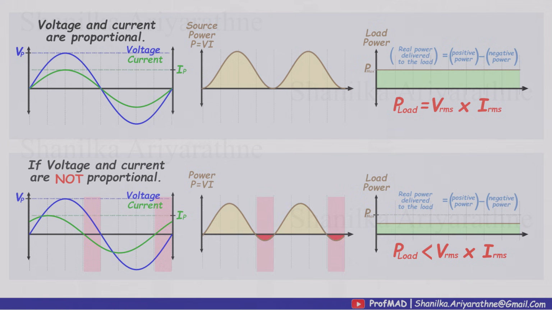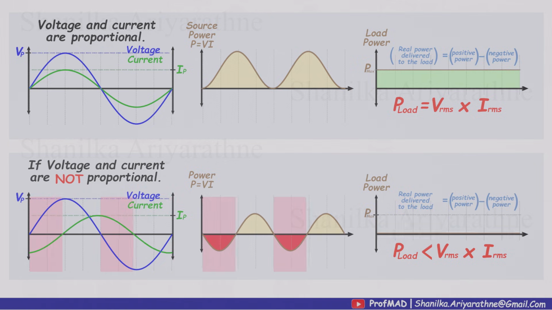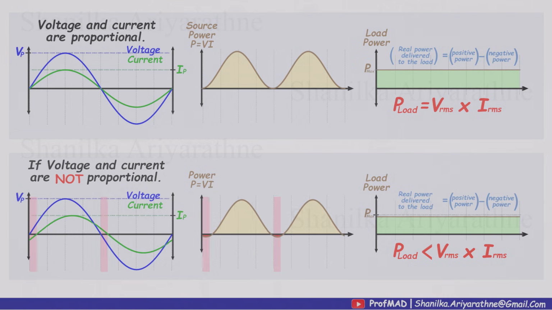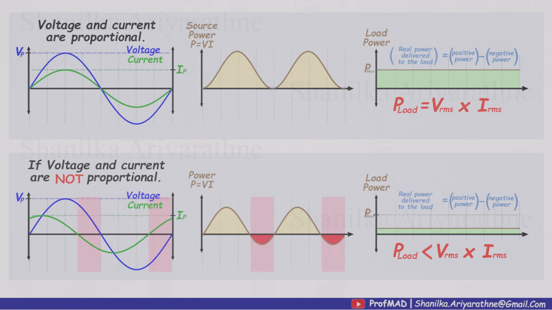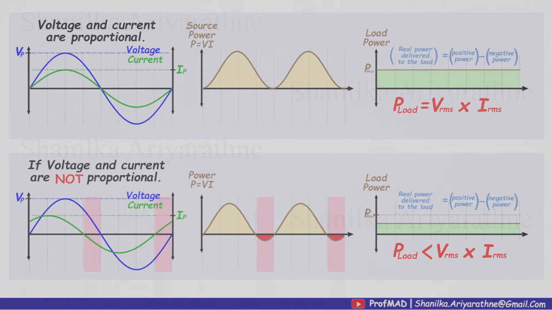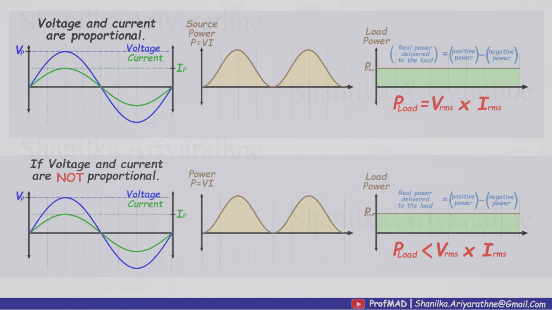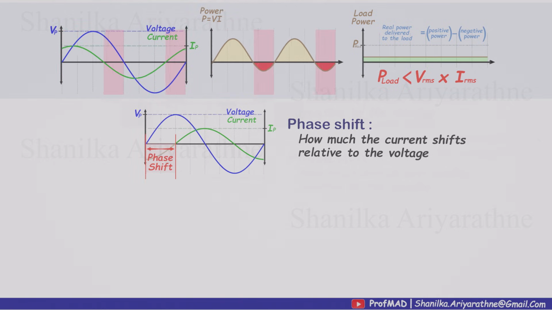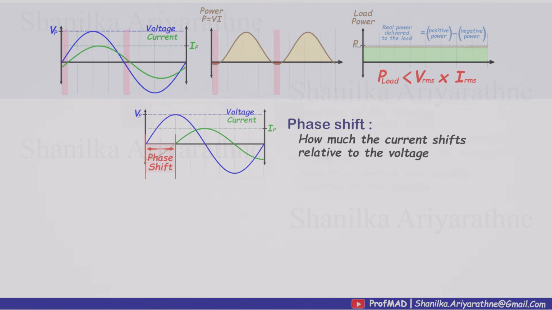Even if the source provides the same peak voltage and current, the phase shift caused by a capacitor or an inductor reduces the real power delivered to the load. So in AC circuits, it's not enough to look only at the peak voltage and peak current. We also need to consider how much the current shifts relative to the voltage. This timing difference is called the phase shift.